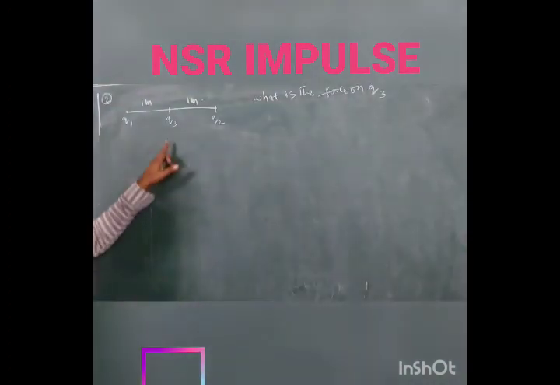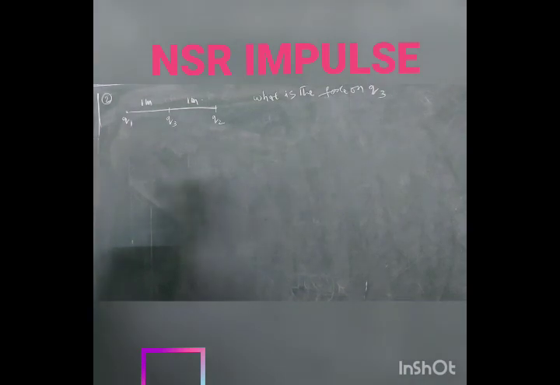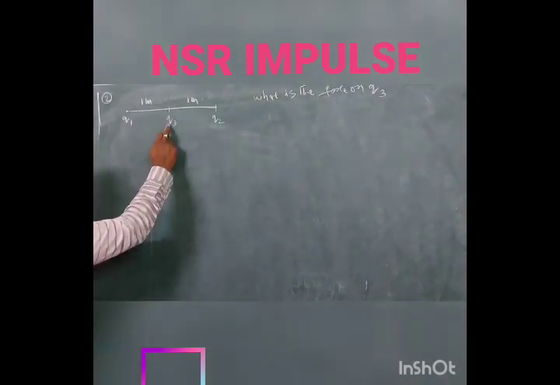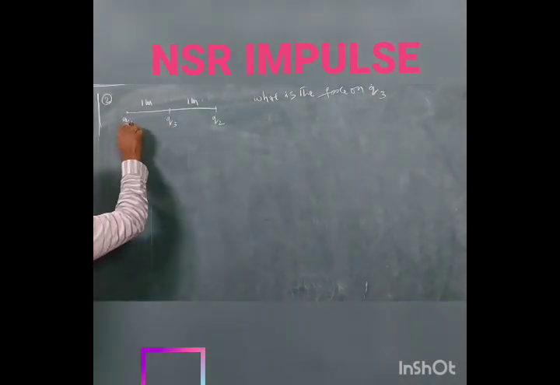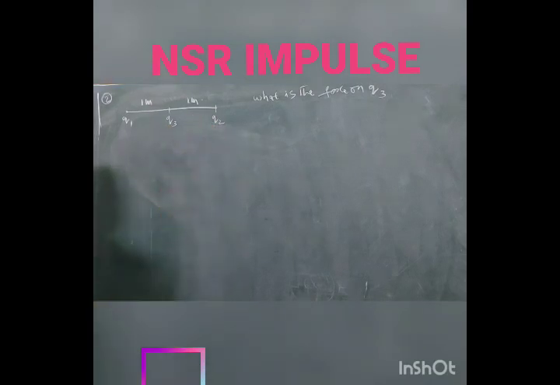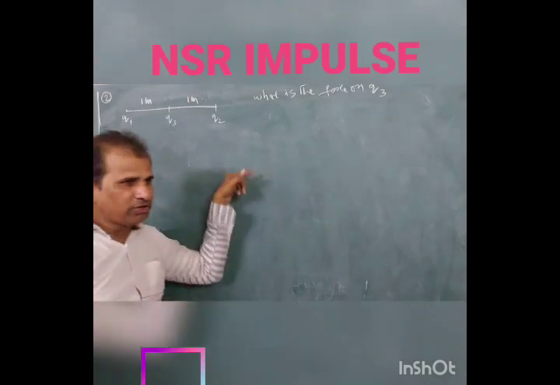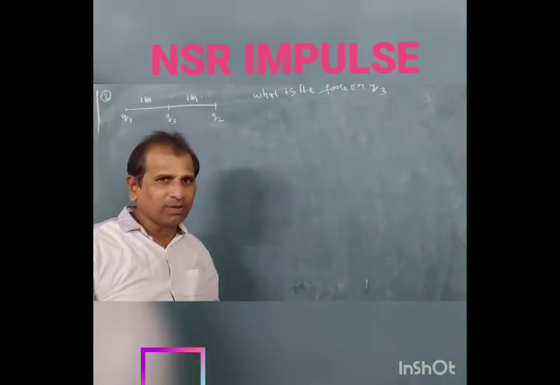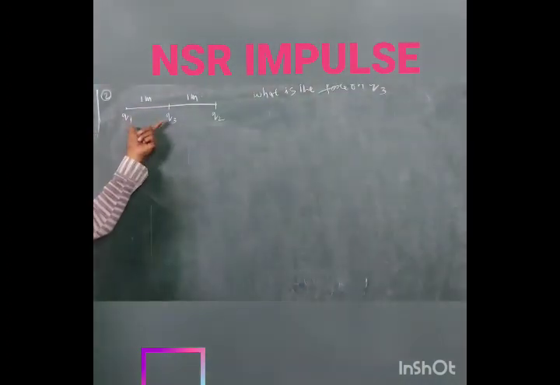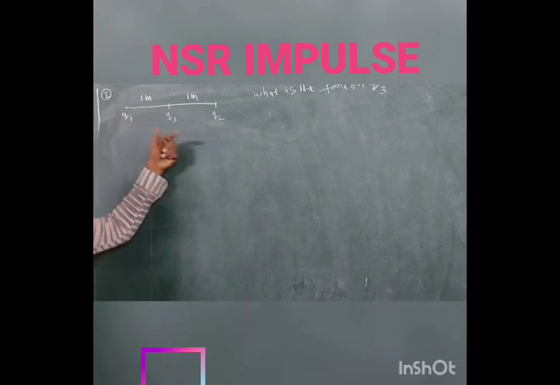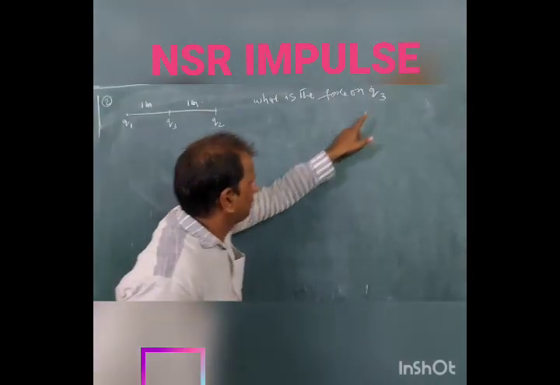To find the force on Q3, how do we proceed? Here all are given as positive charges; no negative is given. When no negative is given, you have to consider them as positive charges. The question asked is the force on Q3.